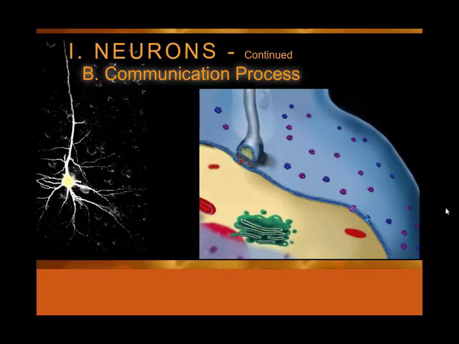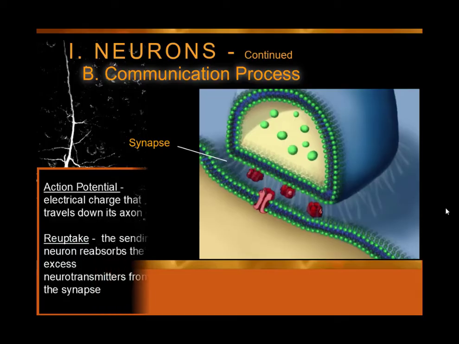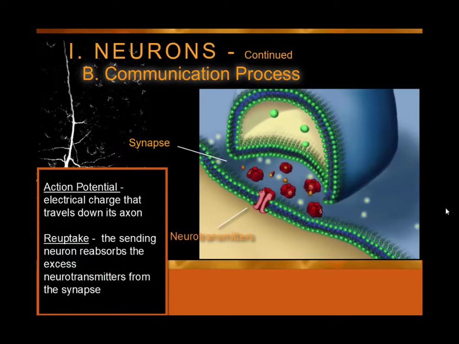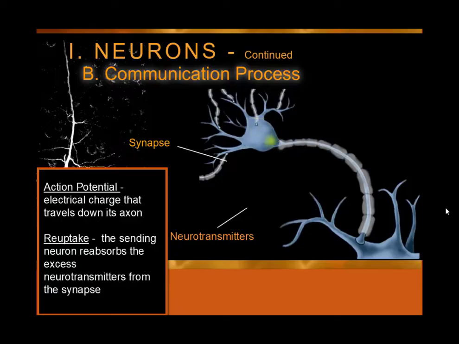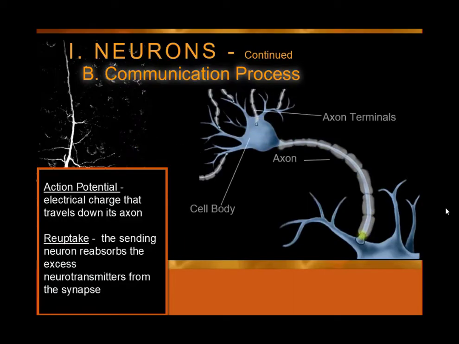Here it is in action. So you can see the axon sending the message, the neurotransmitters being pushed out of the synapse, which is called the action potential. Here, the yellow is traveling down the axon to a new neural network.